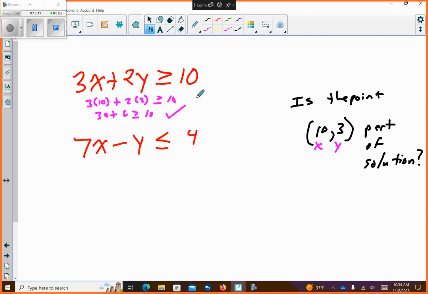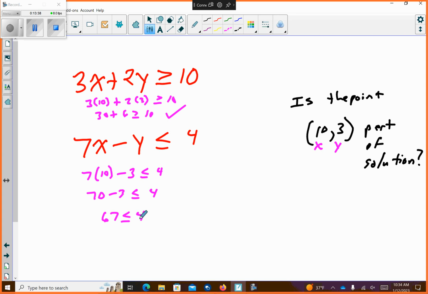Okay? Then I'm going to take 10, 3 and plug it into the bottom one. So I get 70 minus 3. 70 minus 3 is 67. Is 67 less than 4?